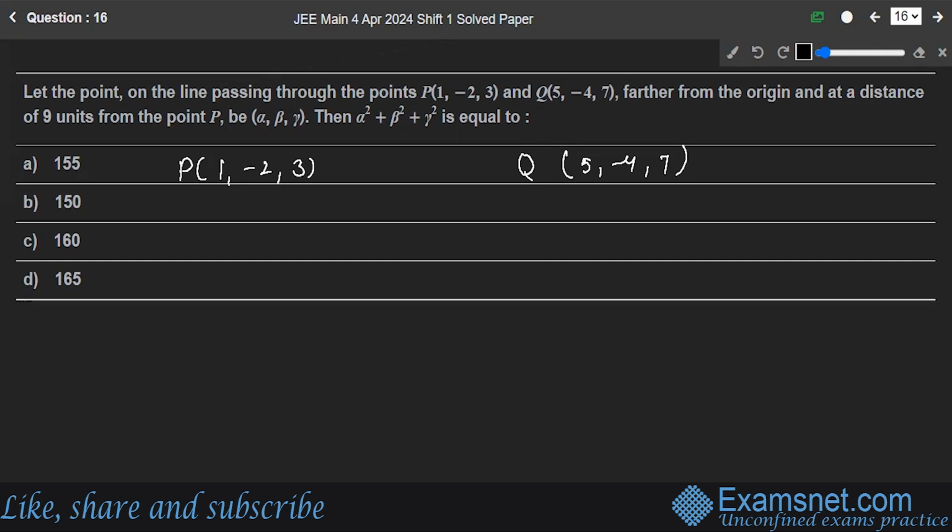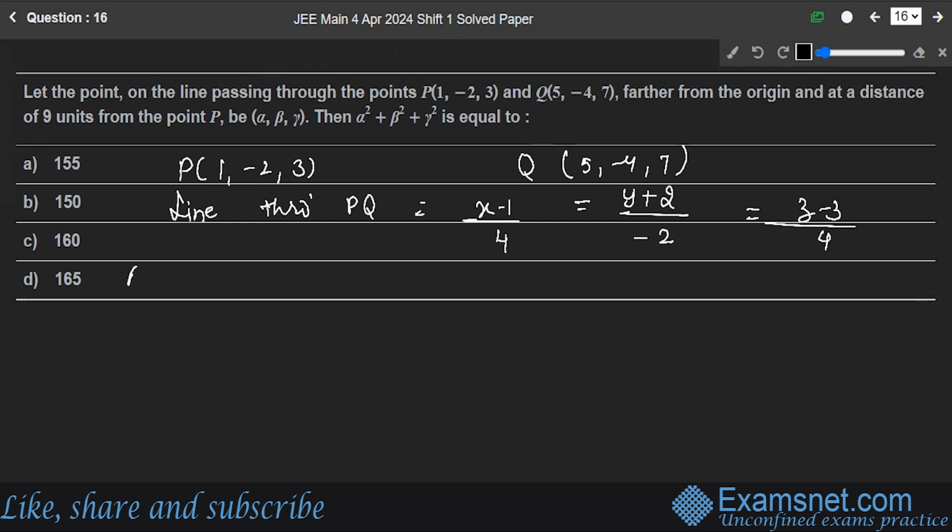So the line through PQ will be given by x minus 1 upon 4, y plus 2 upon 4 minus 4 plus 2, it will be minus 2. And this is z minus 3 upon 7 minus 3, which is equal to 4. Okay, this is the line passing through PQ.